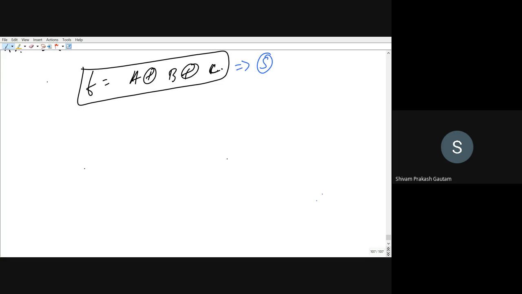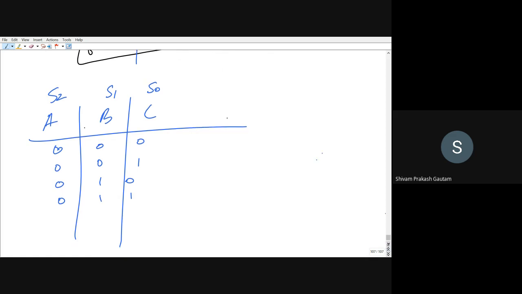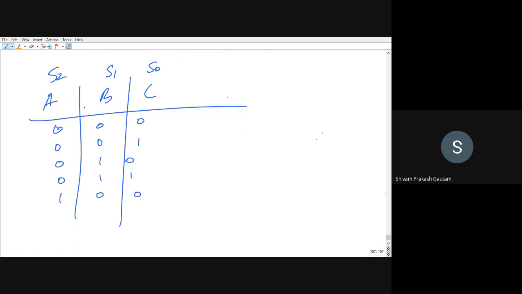So how many inputs are there? A, B, C. So 3 inputs are there. You can call them select line 0, select line 1, select line 2. I'm filling this table: 0, 0, 0; 0, 0, 1; 0, 1, 0; 0, 1, 1; 1, 0, 0; 1, 0, 1; 1, 1, 0; 1, 1, 1.